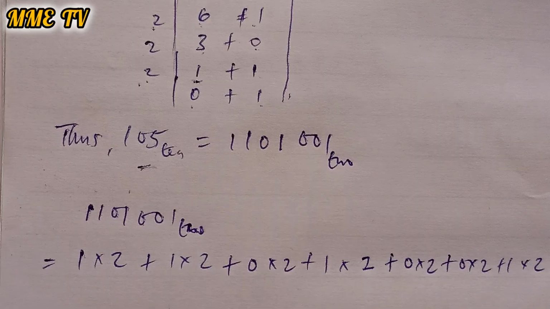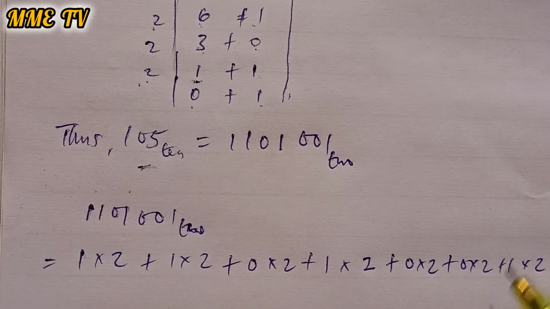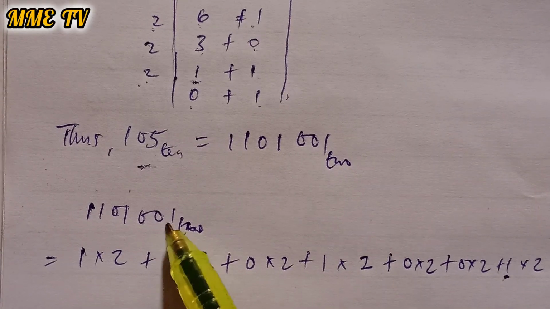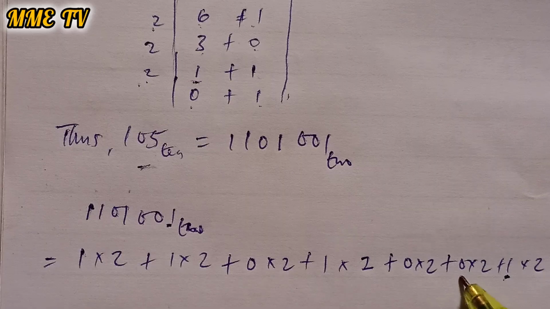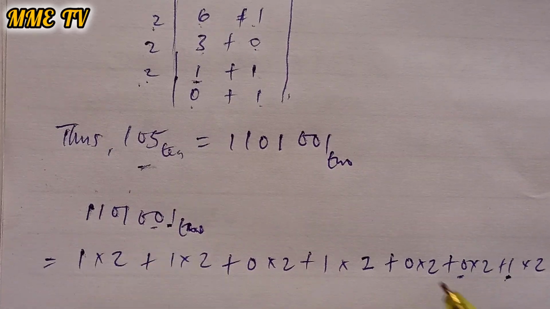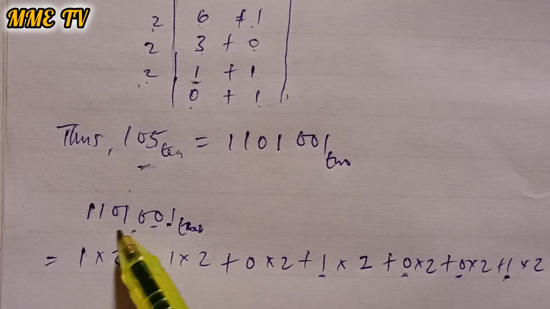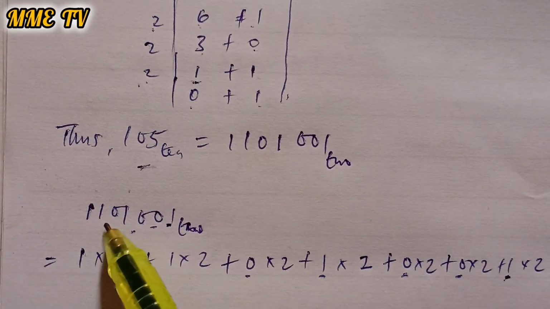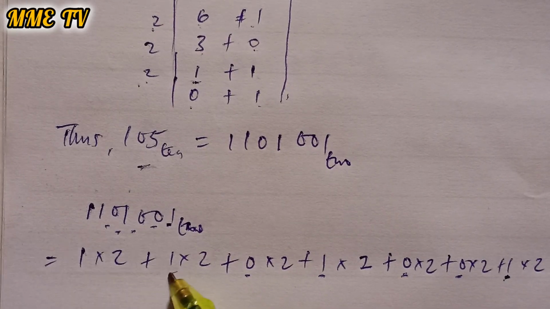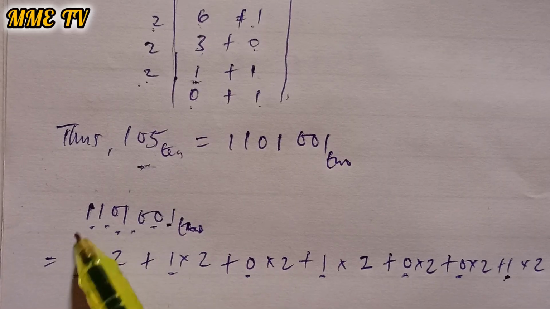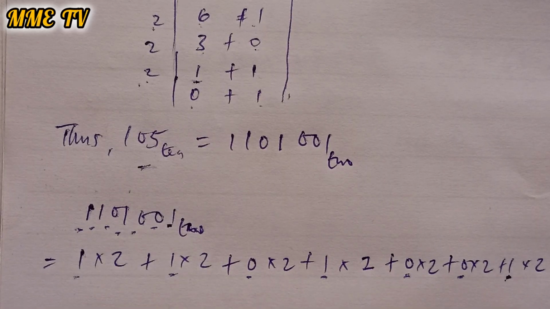Now let's count it to be sure that what we have taken is the right thing. This 1 belongs to this 1. This 0 belongs to this 0. This 0 belongs to this 0. This 1 belongs to this 1. This 0 belongs to this 0. This 1 belongs to this 1. And this 1 belongs to this. You see that everything is very on point now, right?